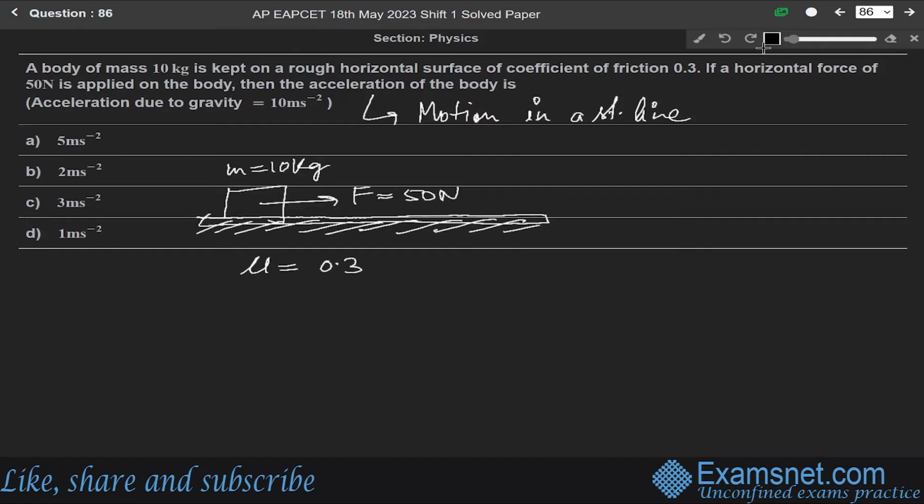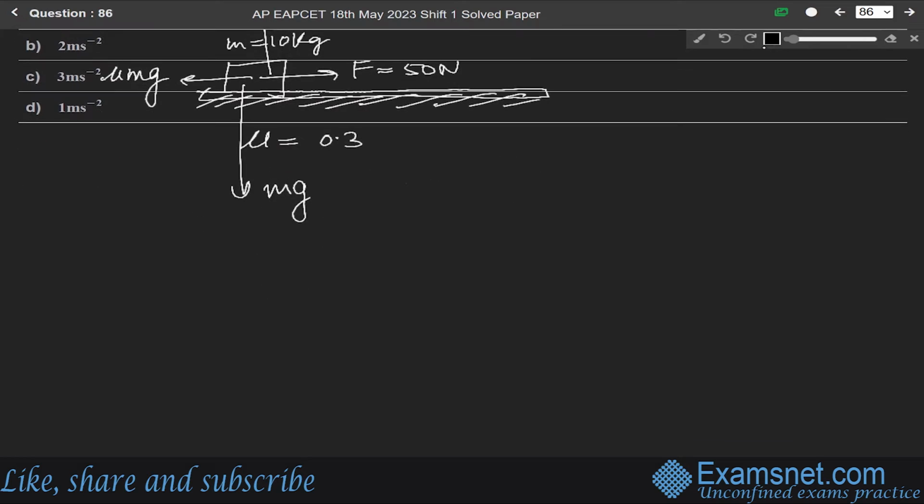The force of 50 Newton is acting in this direction, mu mg is acting in the backward direction, mg is acting in the downward direction, and the normal force R is acting in the upward direction. If a is the acceleration of the body due to the application of F equals 50 Newton, then F minus mu mg equals mass into acceleration.